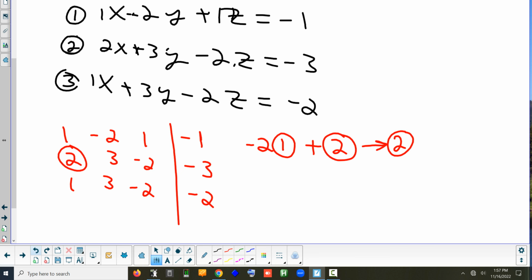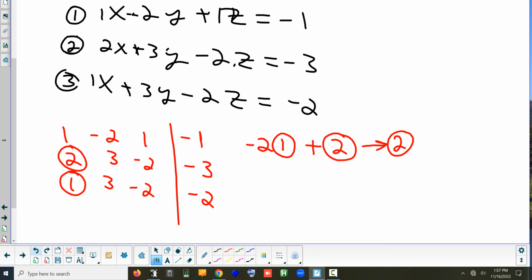Now, what's nice about this, and it eliminates one step of copying, we're not only going to get a 0 right here, we're going to get a 0 right here at the same time. So we're going to look back at this top row, and does anybody see what we could multiply the top row by to make this number a 0 at the bottom when we add them together? -1.